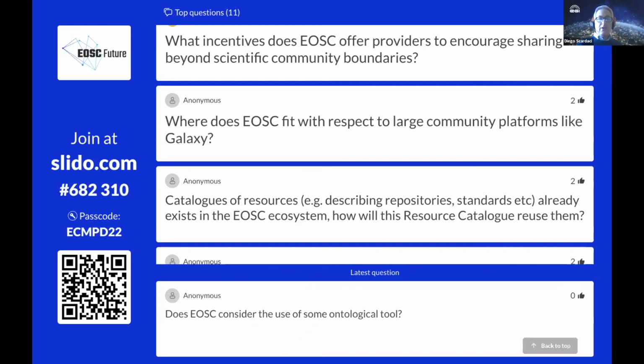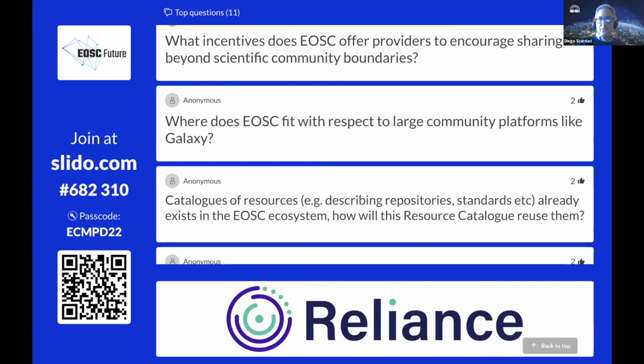So the idea is for EOSC to enable this cross-community fertilization that would, in the end, be beneficial for all the communities, since they can exchange resources, services, research products, and can benefit from the most advanced area from each community.